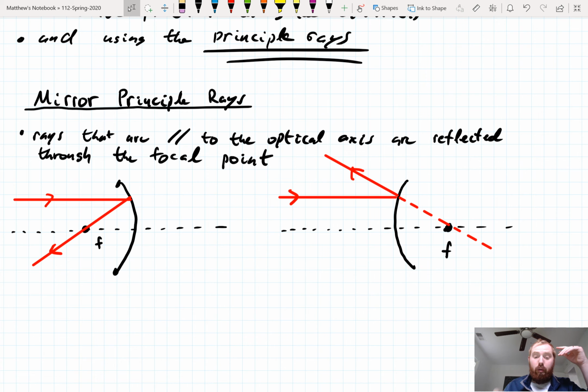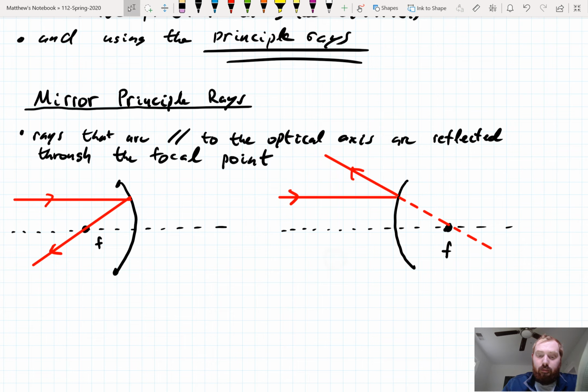So that's our first principal ray: parallel to the optical axis, through the focal point. For the concave mirror, the ray goes through the focal point. For the convex, the ray you project back to the focal point, and then figure out where the ray is going.